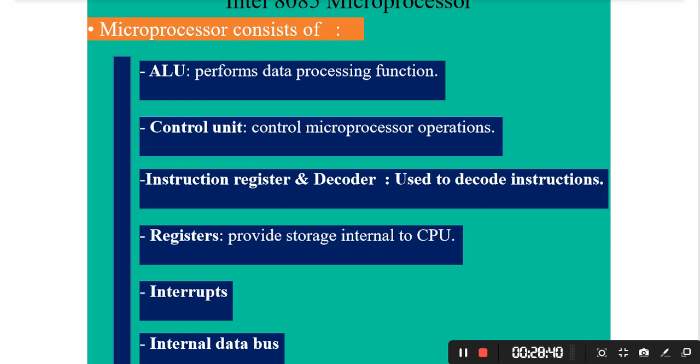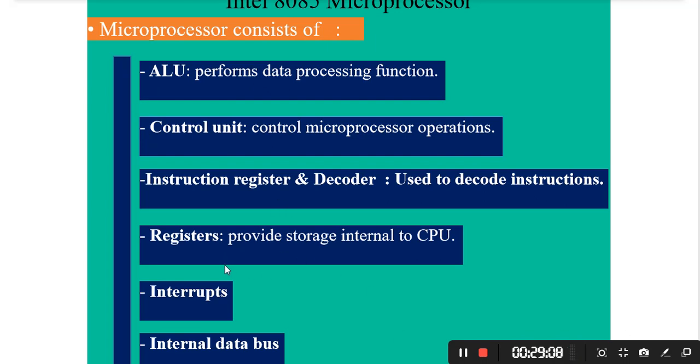We have a control unit which controls all the functions of the microprocessor and can also generate the status signals. The instruction register and decoder takes the opcode, decodes it, and generates the necessary control signals through the control unit.